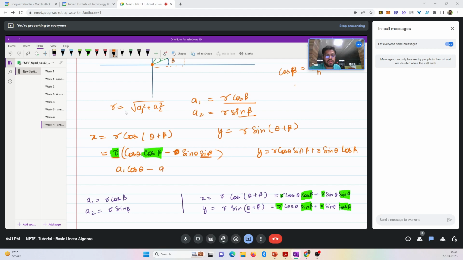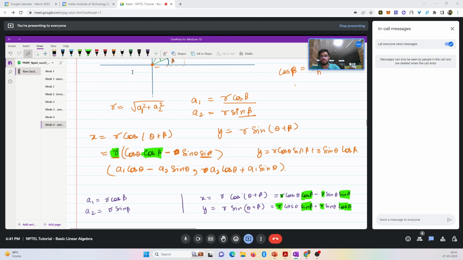So this is minus a2 sine theta. This is your x. For y, we do the same thing. We obtain r sine beta, which is nothing but a2. So this is a2 cos theta plus a1 sine theta.